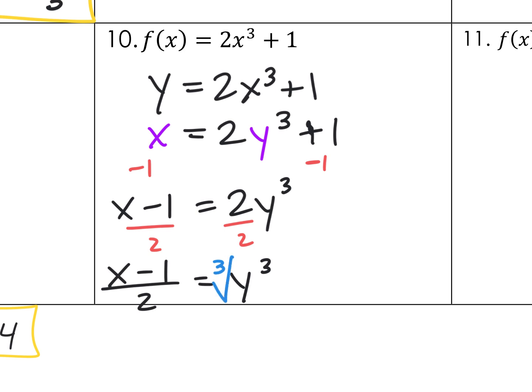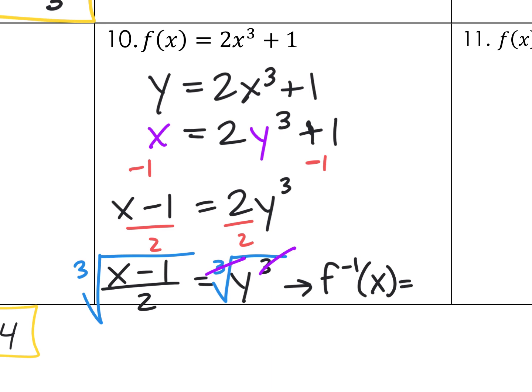So the cube root on both sides of that entire thing. Again, the point of that is to cancel out the power of 3. So these are both going to be gone. So you're just left with y, and I'm going to rewrite it. So the inverse of f of x is equal to, yes, this is not very pretty, but it's fine, the cube root of x minus 1 over 2. Okay?